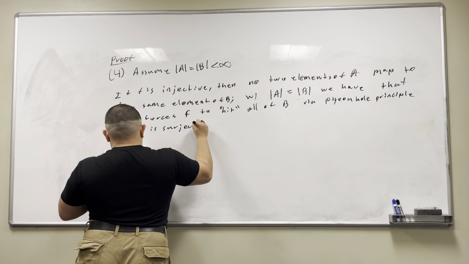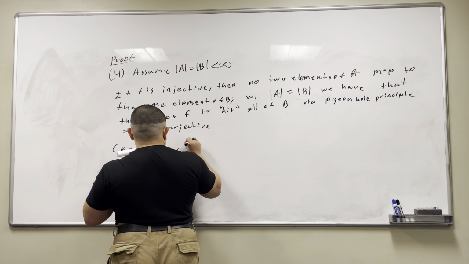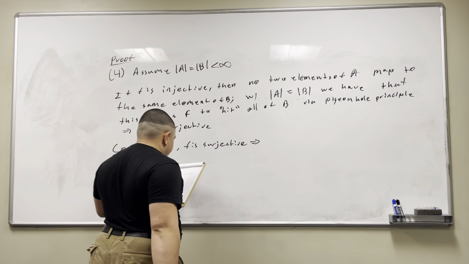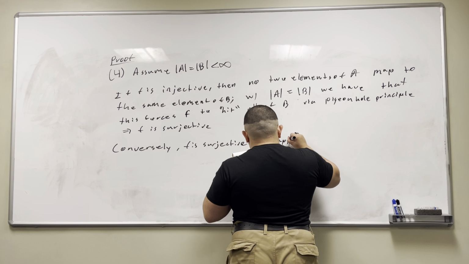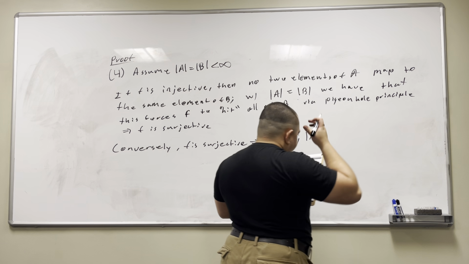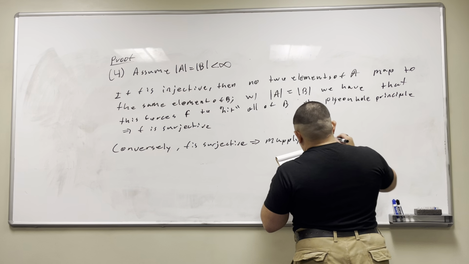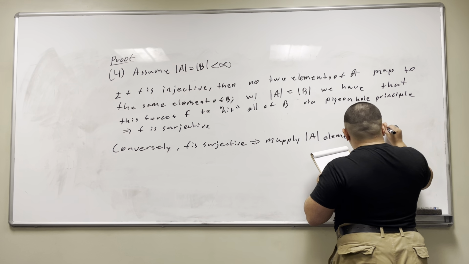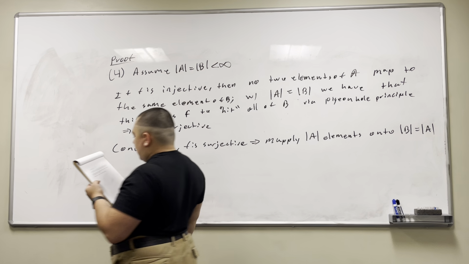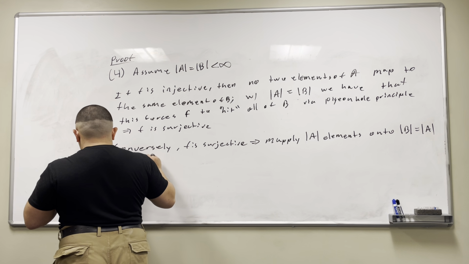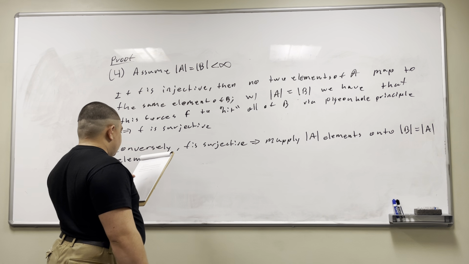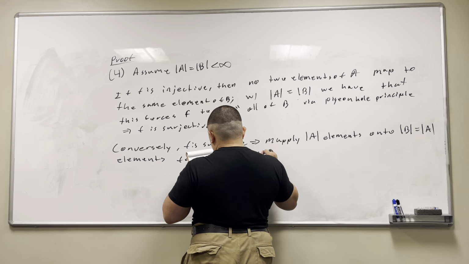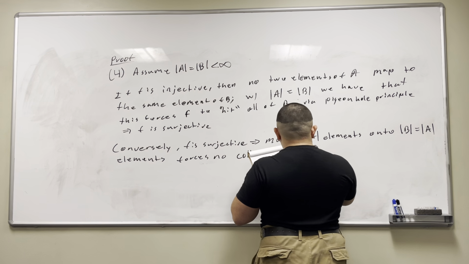Conversely, if we have that f is surjective, then the mapping of the cardinality of A elements onto B, with cardinality of B equal to cardinality of A, forces no collisions, which means that f is injective.